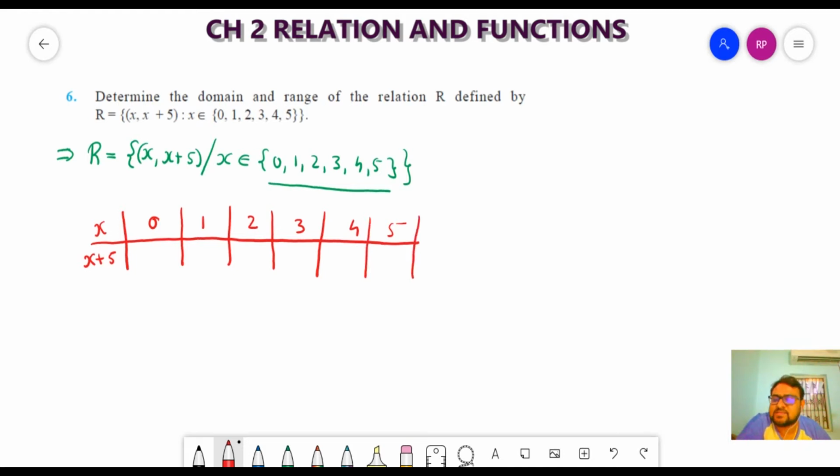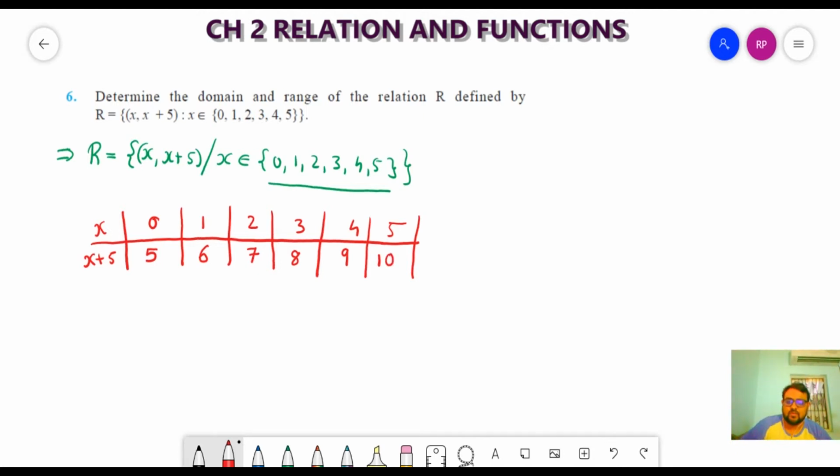When I take x equal to 0, x plus 5 will be 0 plus 5, that is equal to 5. When I take x equal to 1, 1 plus 5, 6. When x equals 2, 2 plus 5, 7. When x equals 3, 3 plus 5, 8. When x equals 4, 4 plus 5, 9. And when x equals 5, 5 plus 5 will be equal to 10.